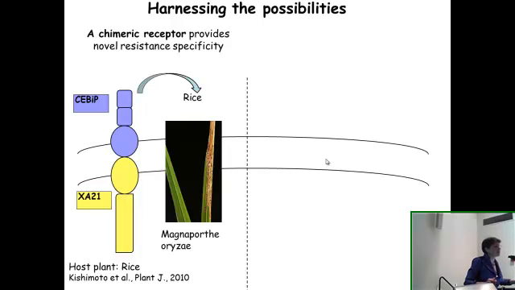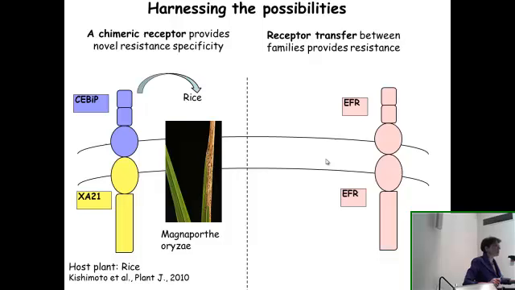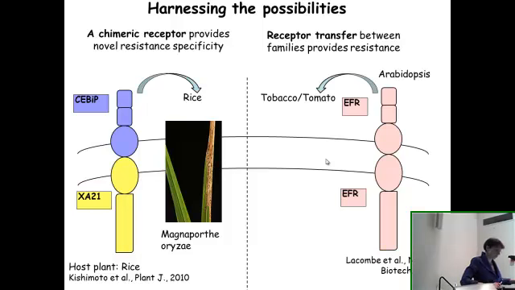This is a fungal pathogen that's considered one of the worst diseases in the world because it can infect virtually all rice crops. There's also been some exciting work from Cyril Zipfel's lab showing that the EFR receptor is very similar to XA21, that it can be moved from Arabidopsis to tobacco and tomato and can confer resistance to serious diseases of those species as well.